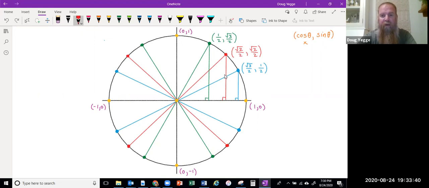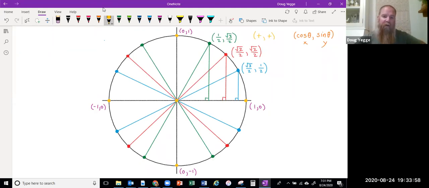And so notice that as we continue to move our way around, the signs here in the first quadrant are obviously positive and positive. Positive x's and positive y's.